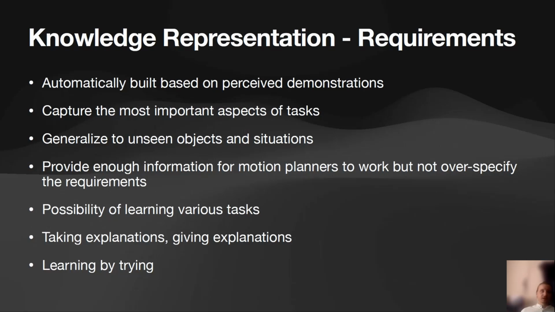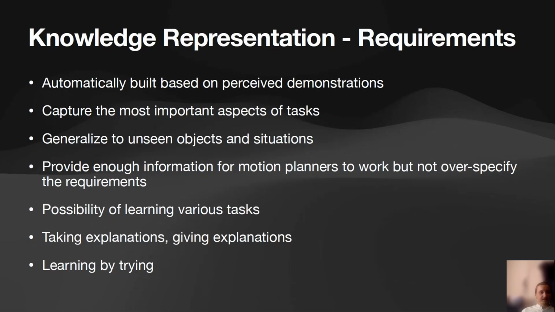It shouldn't over-specify the problem, because then we lose the ability to generalize. So it should allow us to generalize to unseen objects and situations. The same system, untouched, not trained again, should work for different situations. And it should provide enough information for motion planners to work.